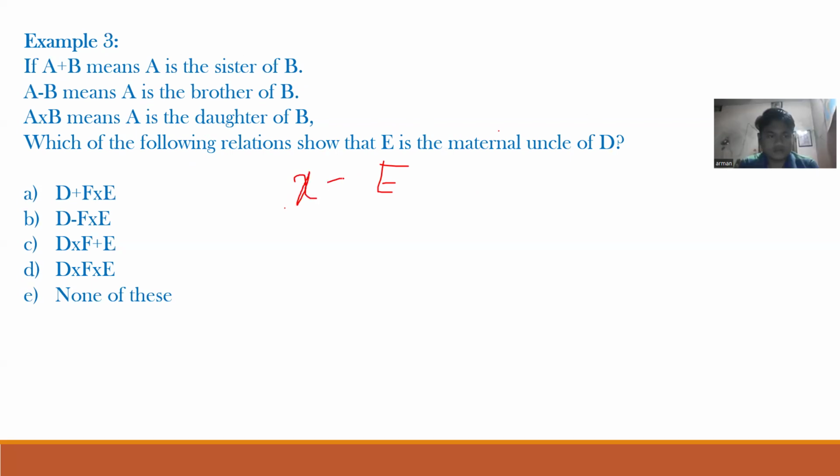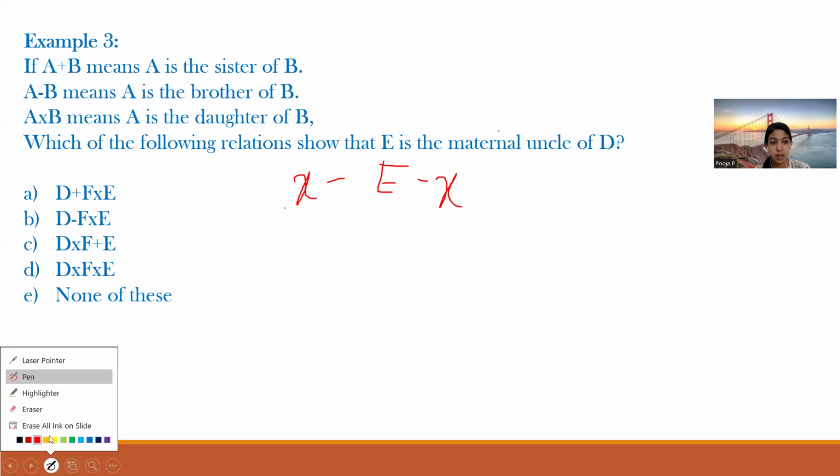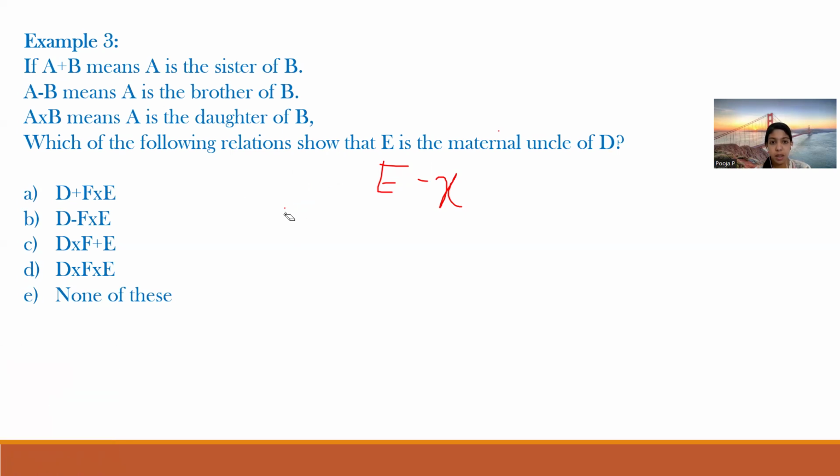Let's put X. A minus B means A is the brother of B, which means E minus X. We will solve it in both ways and see. You're supposed to get E minus X, stating that E is the brother of X. And they should have a son or daughter.